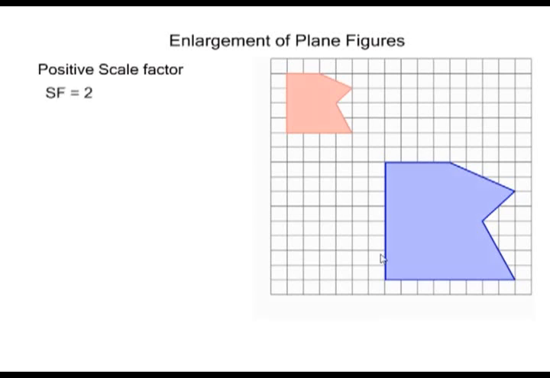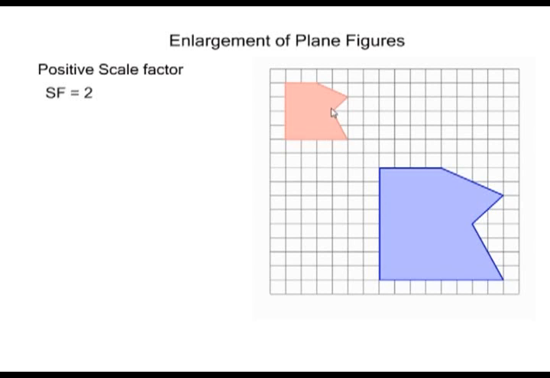Remember, the ratio of corresponding sides must be proportional, so I could actually have counted the top line: 2 boxes, and this should become 4, or 4, and this should become 8. So it doesn't really matter which side you count. It should always get the same scale factor if it's indeed an enlargement.